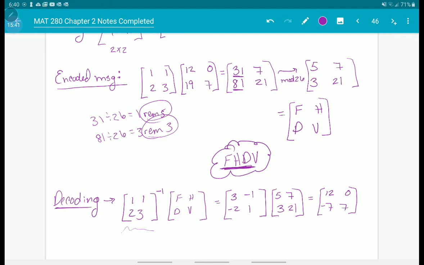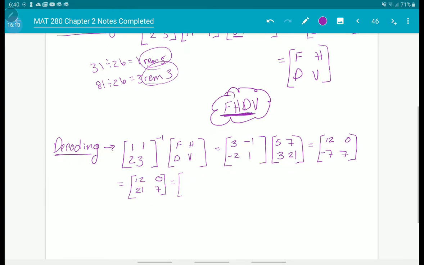So now we just have to figure out, what is this equivalent to? So if we take -7 and we add 26, we're going to get to 21. So now we have all of our numbers.